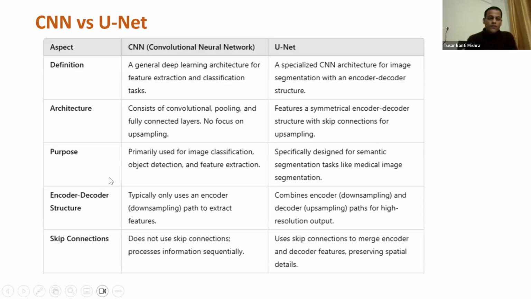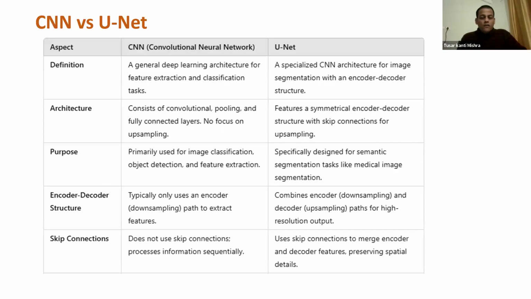Just a difference between CNN and UNET. Talking about the definition, CNN is a general deep learning architecture for feature extraction and classification tasks. UNET is a specialized CNN dedicatedly used for image segmentation.